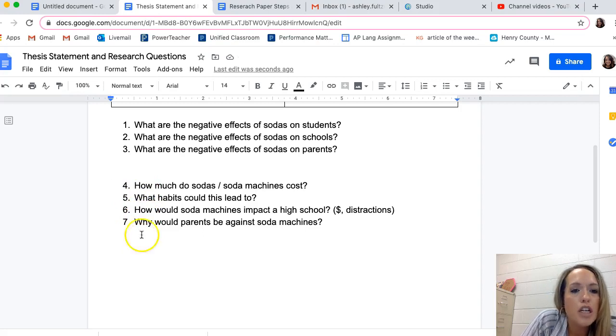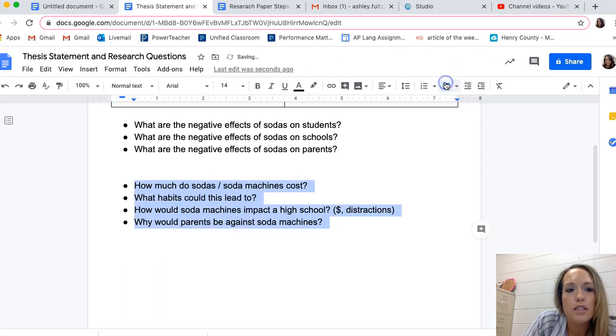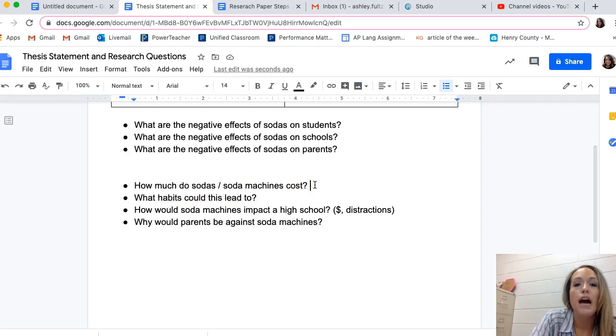So the first question, if we're looking here, maybe I will put them in bullet points so we don't get confused. This question, how much do sodas or soda machines cost? I could think that this is a negative effect, on parents, right? Because if parents are having to shell out money every day for their kids to purchase a soda, or in some cases 2 or 3 based on how many children they have.